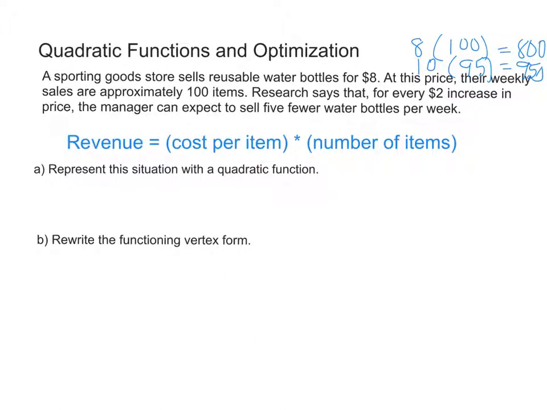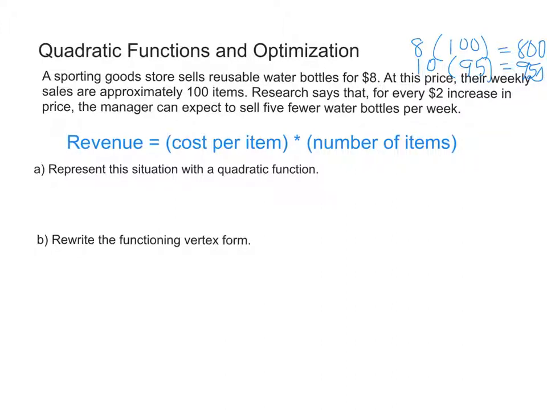That's going to be the basic equation that we use, but we need to figure out what is it that is varying. What's the variable here? So what are we changing? The number of water bottles? Cost per item. And the cost per item, right? We're changing both of them. But really remember what we're trying to figure out is how much should they charge? How many times should they increase the price?